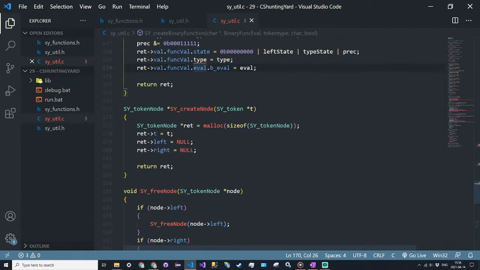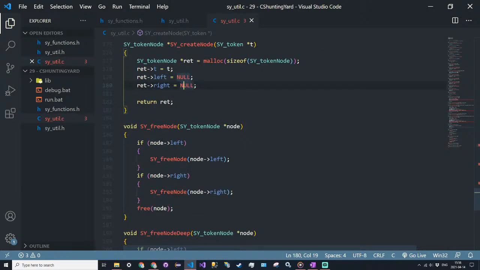Alright, and then we have a create node function, which we will just pass in the reference to a token, and we're essentially allocating a binary tree node with some value, which is a reference, and then set the children to null.